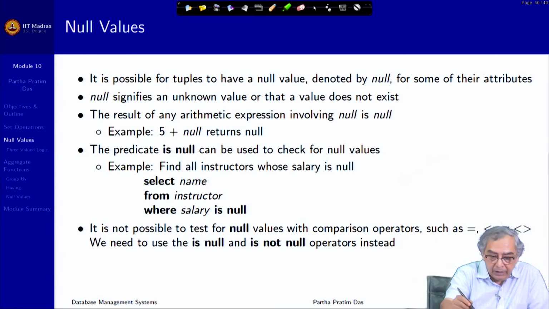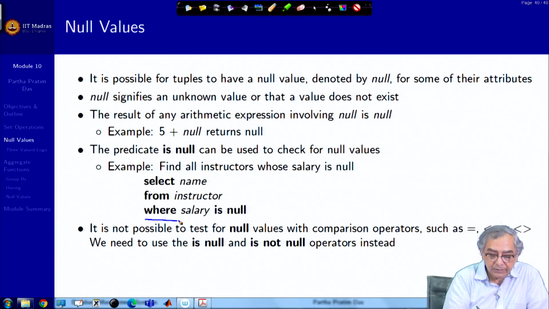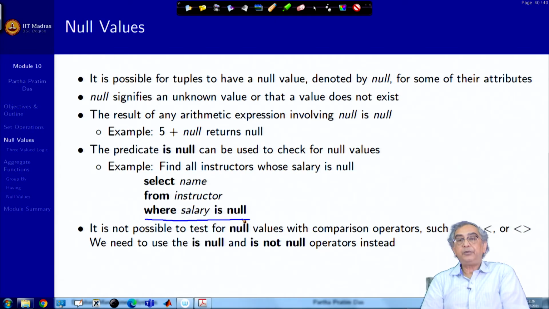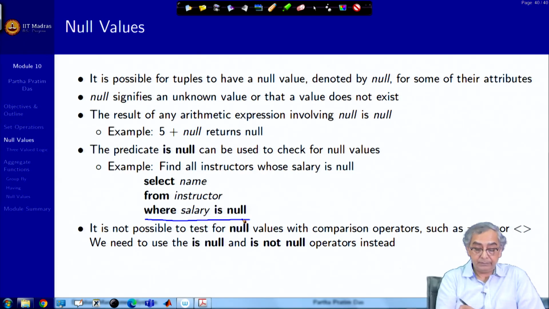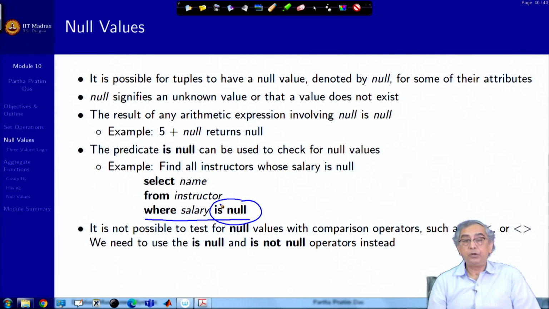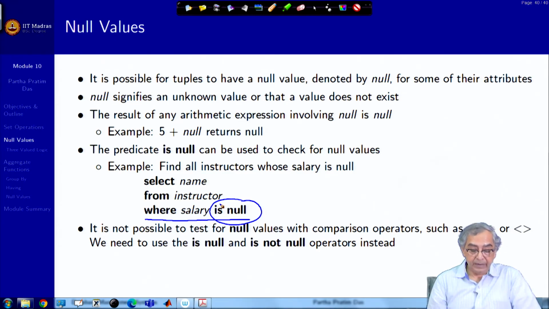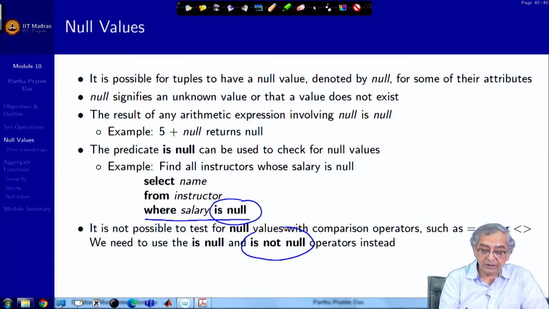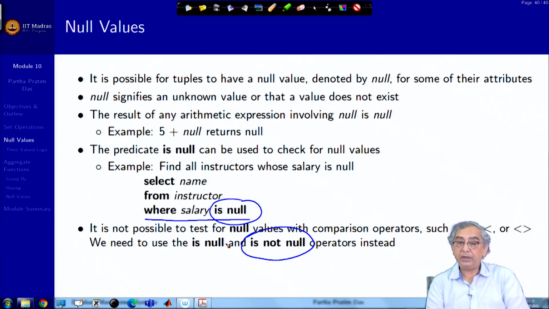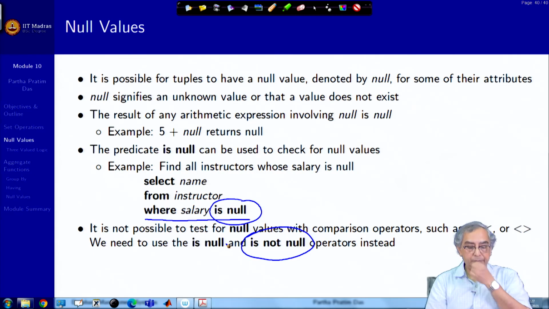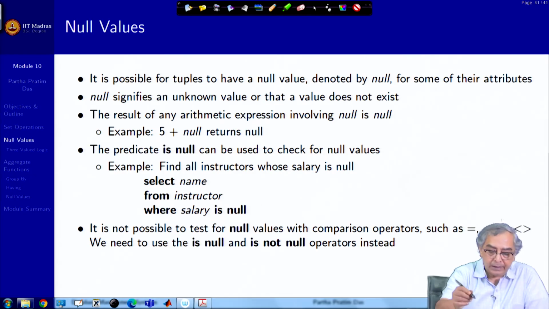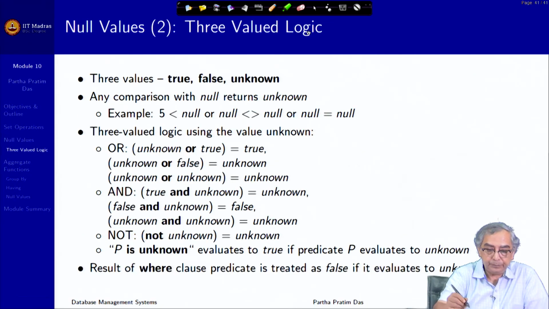If the salary is not specified, the way to check that will be salary is null. So, what will it do for a tuple? If the salary field is null, it will return true, otherwise it will return false. If you want to do the reverse, you can do is not null, or you can write the condition and negate it, either way will do. So, this is the basic semantics and use of null.